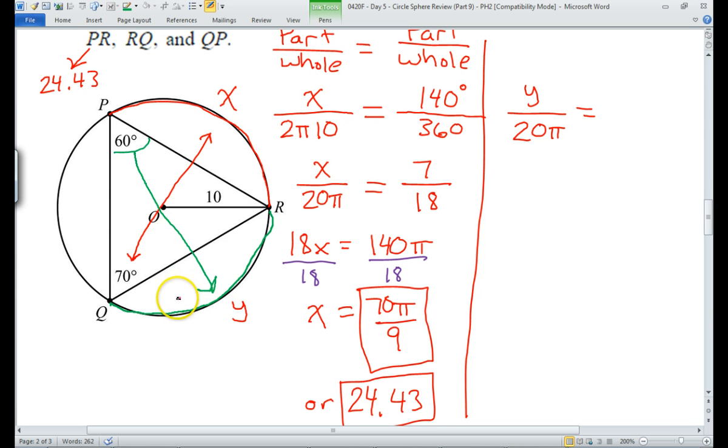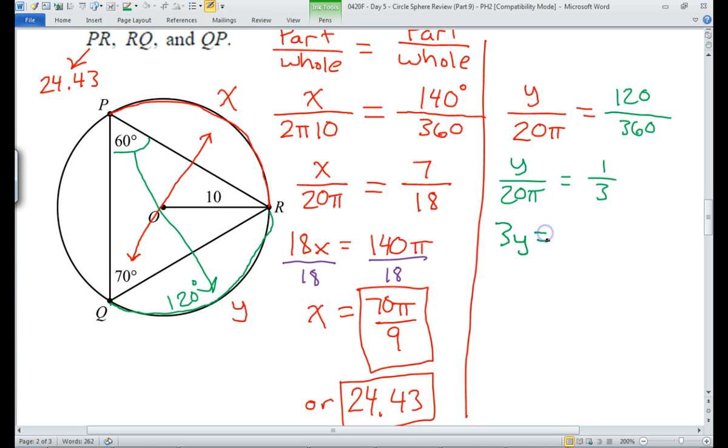Okay, arc Y is going to be 120 degrees. Again, double. So that's the partial degrees, 120 degrees over 360. Let's go ahead and reduce that. So we're going to have Y over 20 pi equals 1/3.